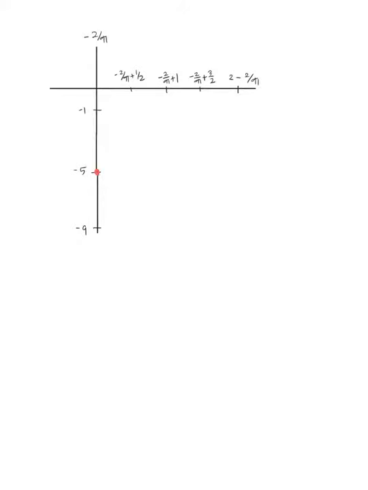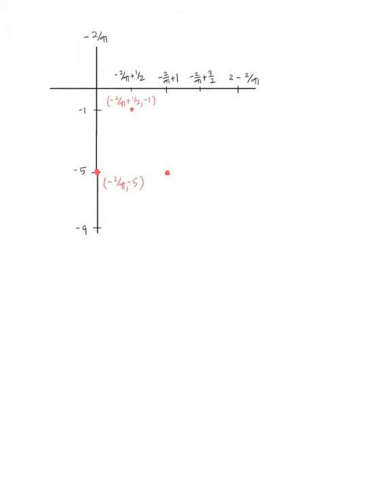So this point is going to be negative 2 over pi comma negative 5. And the second key point became what? Right here. This was negative 2 over pi plus a half comma negative 1. And then the next one was back to here.